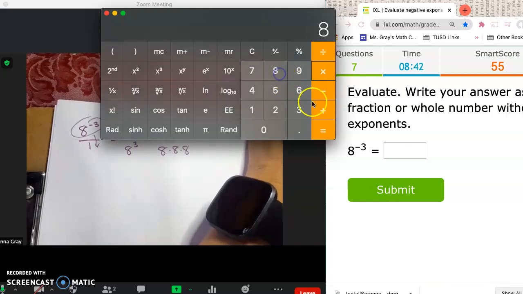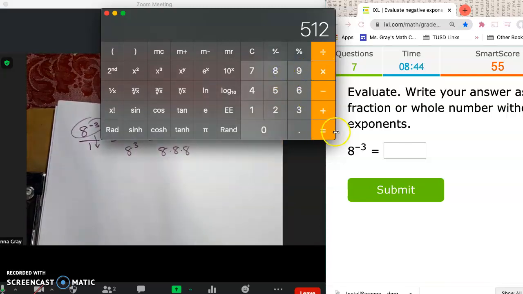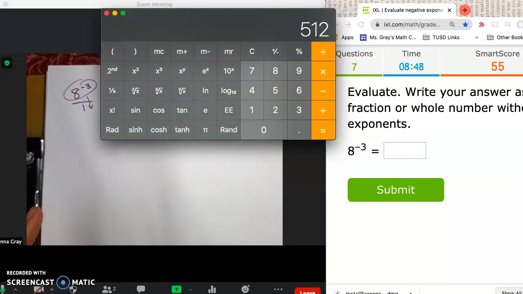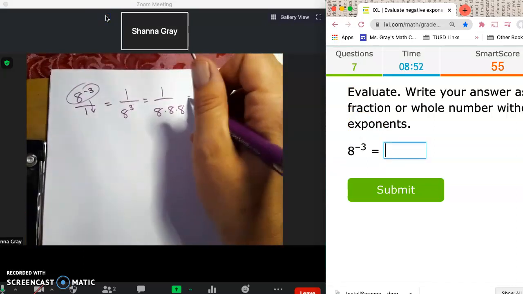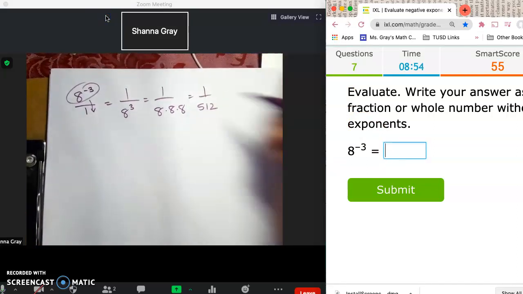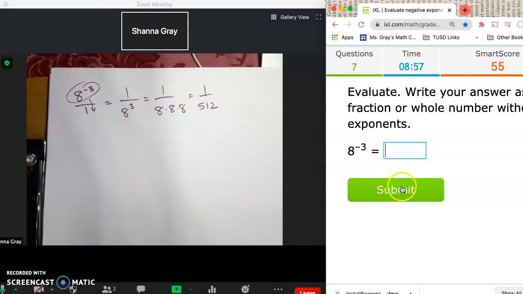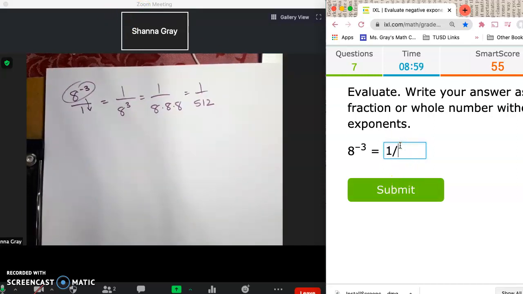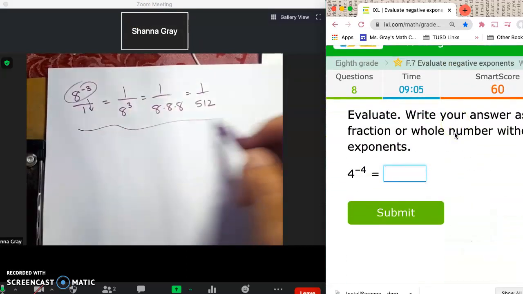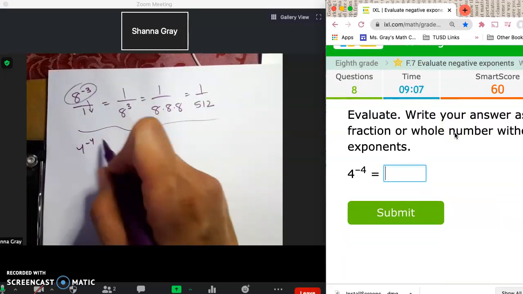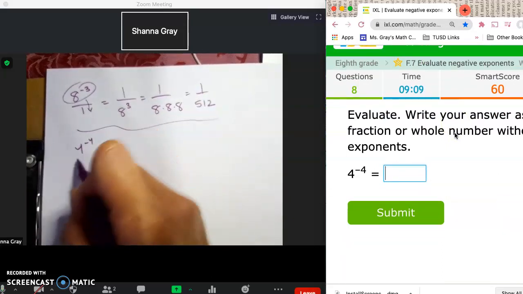So if you need a calculator to figure out what 8 times 8 times 8 is, that's fine. So I just used my calculator to figure out that 8 to the 3rd power is 512. So I know my answer here is 1 divided by 512. I think that calculators are completely fair when you're headed into high school next year.